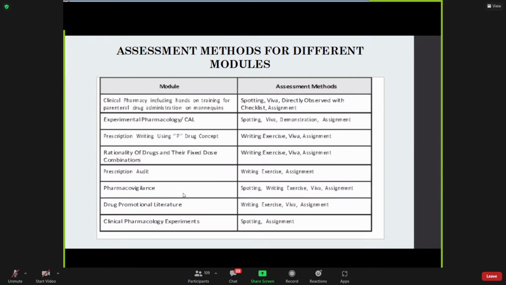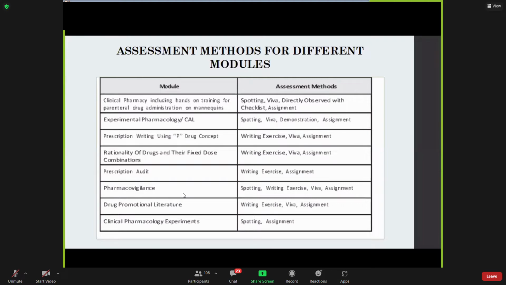The assessment can be done. These are different modules of skills, knowledge under various competencies. So this skill set would be analyzed by different assessment methods. First practical, which is clinical pharmacy today, and following that, when you come over here, there will be hands-on training on parenteral drug administration on mannequins.